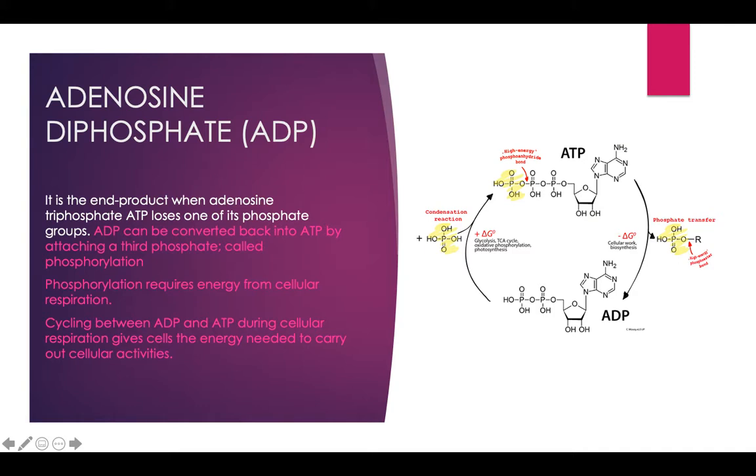Phosphorylation requires energy from cellular respiration. Cycling between ADP and ATP during cellular respiration gives cells the energy needed to carry out cellular activities. When ATP loses one of its phosphate groups, turning into ADP, that releases energy. By continuing that cycle, ADP to ATP and ATP to ADP, energy keeps being generated.